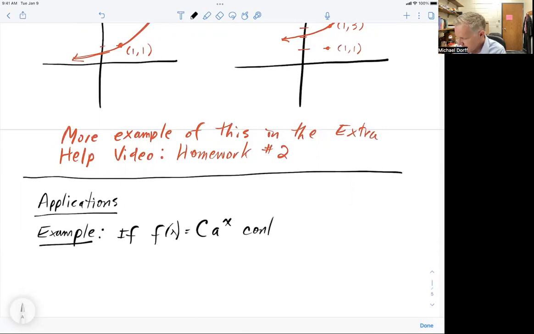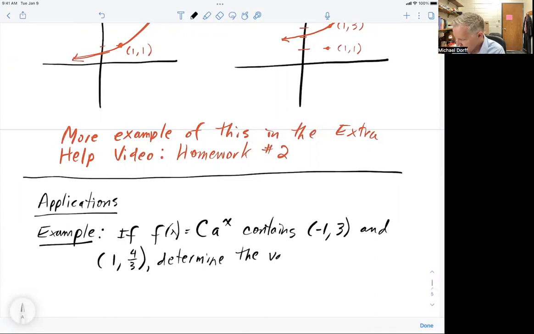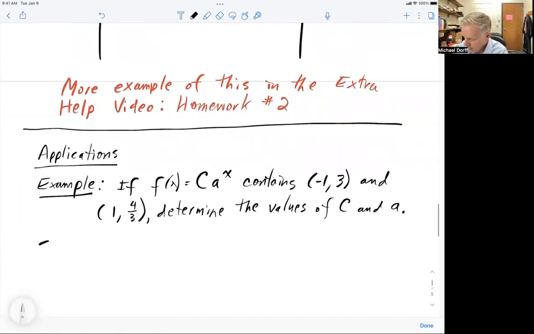And suppose the graph of this function contains the points -1, 3 and 1, 4/3. And you're supposed to determine the values of C and a. So in other words, what C and a can I put in for this function so that it would contain those 2 points?